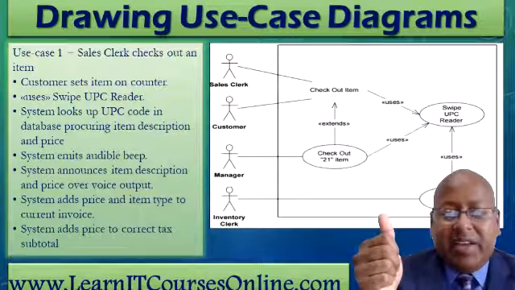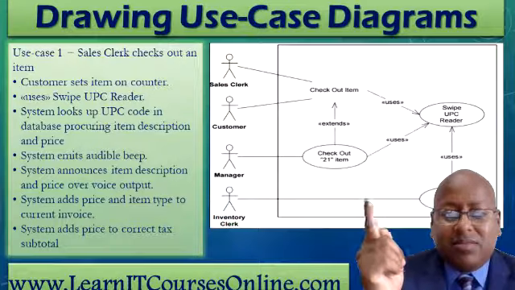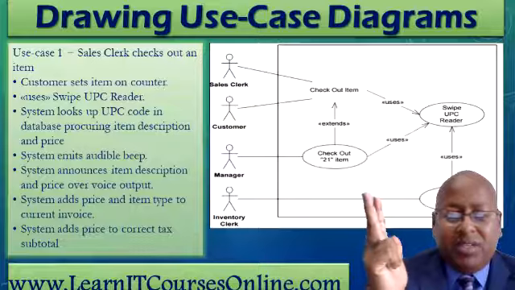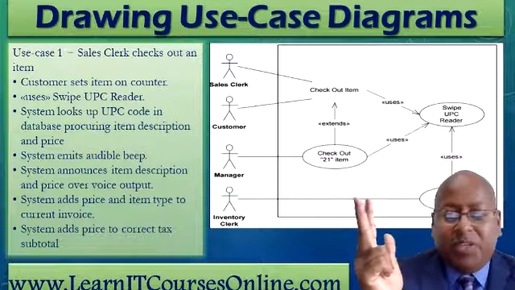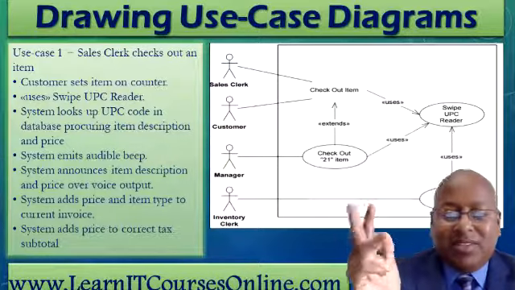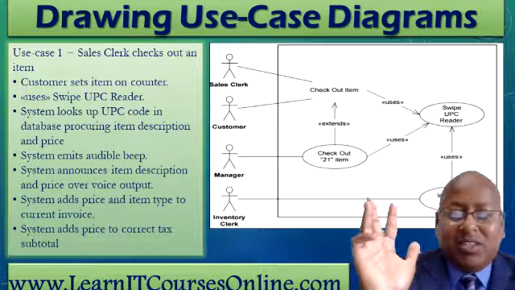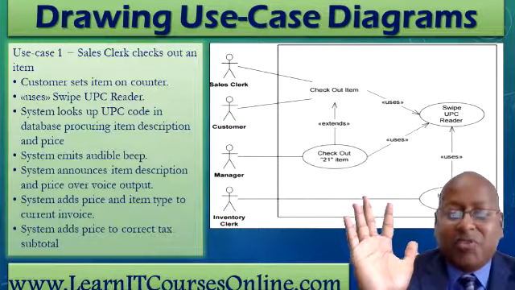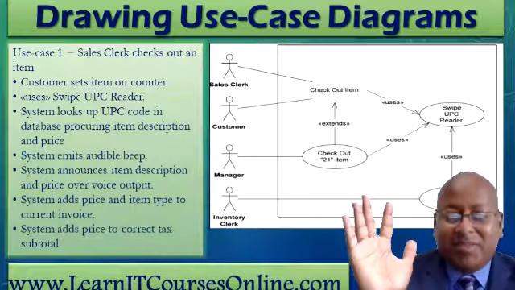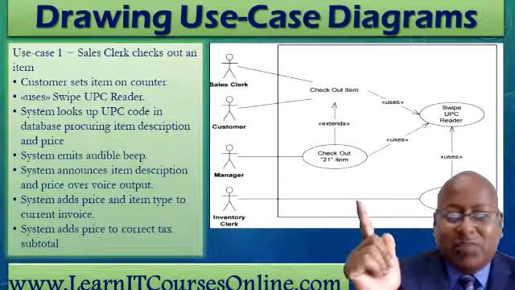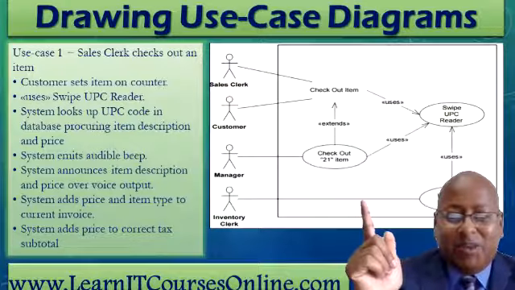Customer sets item on counter, uses swipe UPC reader, system looks up UPC code in database, procuring item description and price, system emits audible beep, system announces item description and price over voice output, system adds price and item type to current invoice, system adds price to correct tax subtotal.